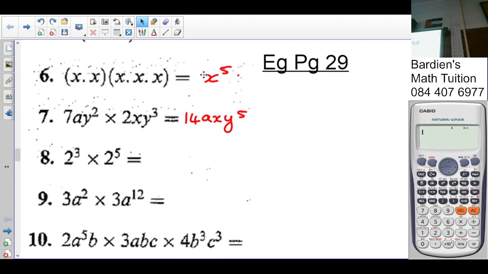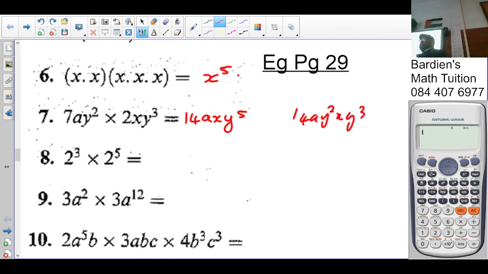7, you got the 14? So you wrote 14 a y squared x y cubed like that. But what happens between all of this? Multiplication. So what the rule? Read the rule again. The rule says, so that base and that base are the same.